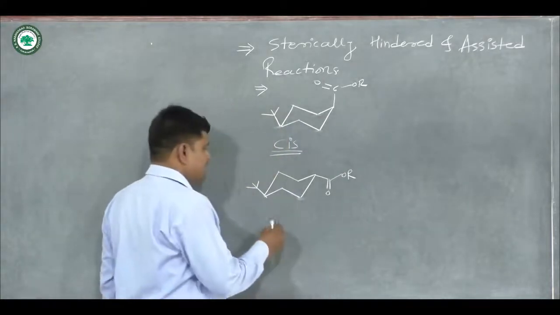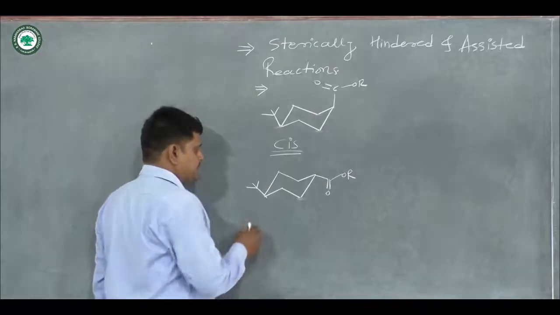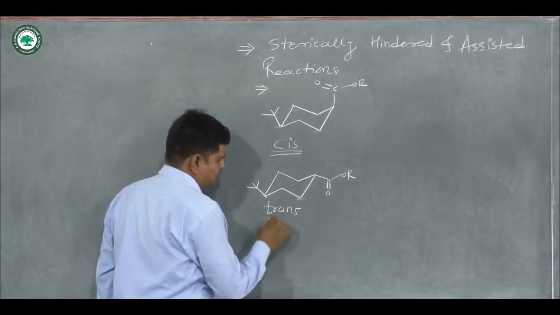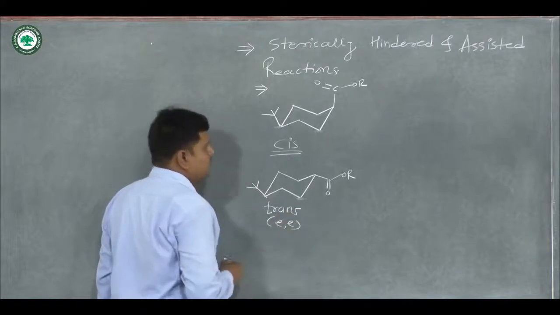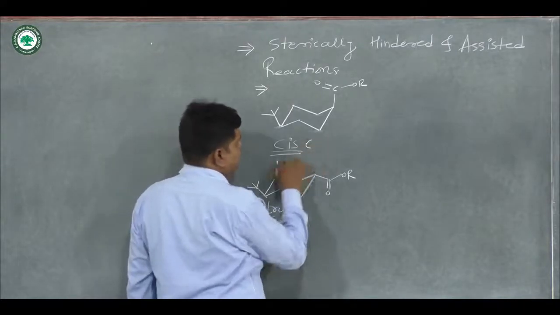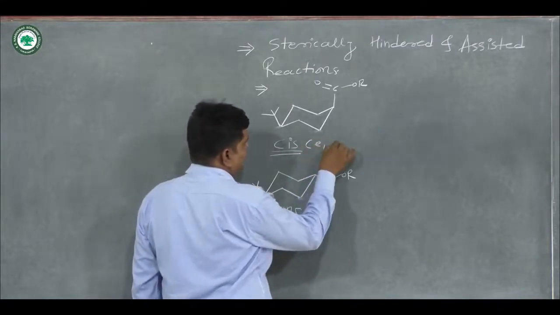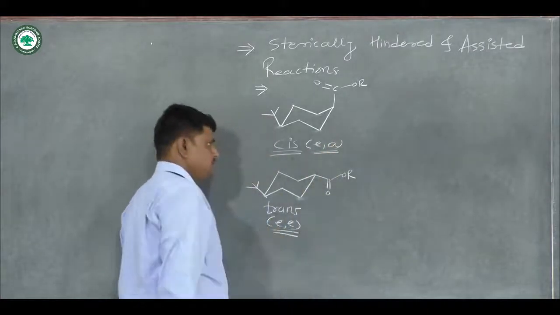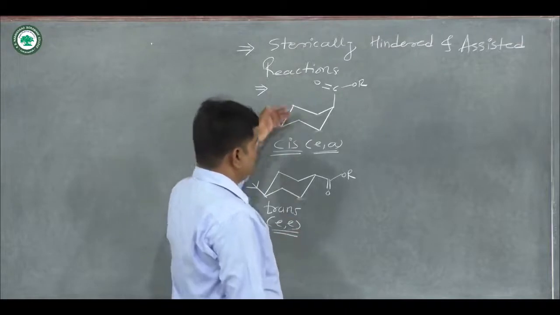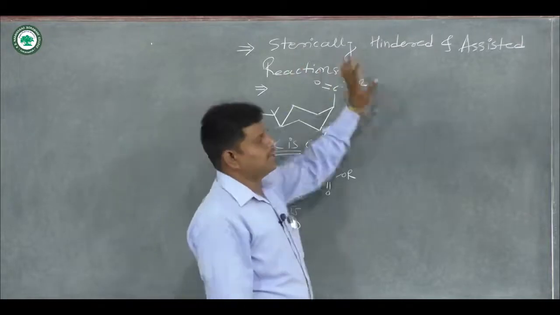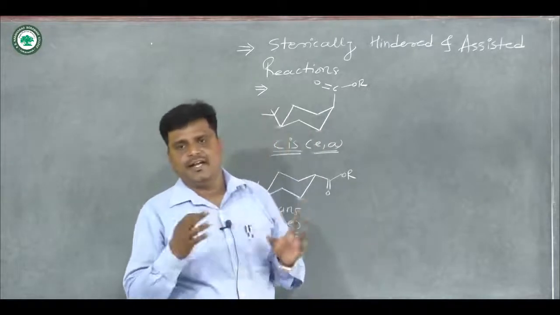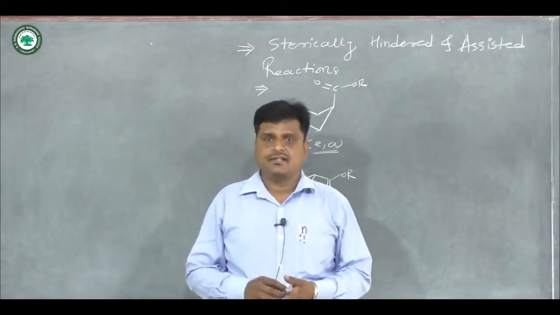Here we take the stable structure, trans equatorial, and this other structure is equatorial axial. So we take this example in sterically hindered and assisted reactions.